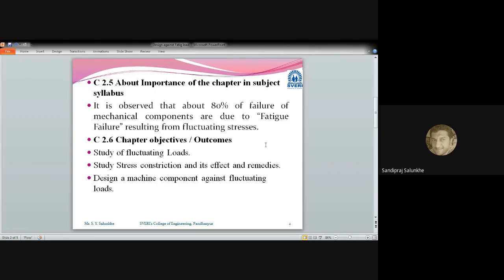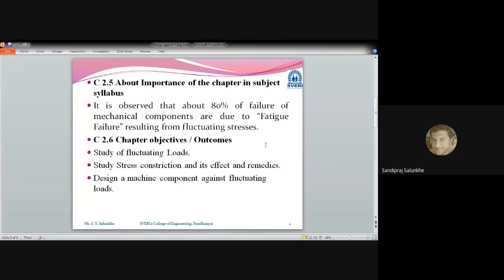That's why it is observed that 80% of the failures in machine components are due to fluctuating loads only. That is called fatigue failure. And that failure occurs well below its ultimate or its design limit.